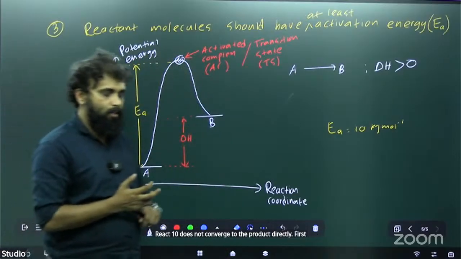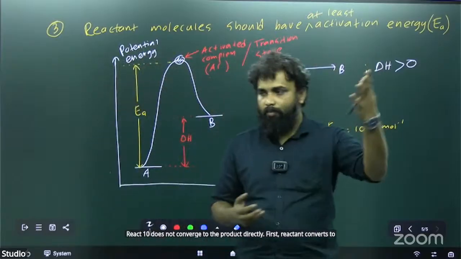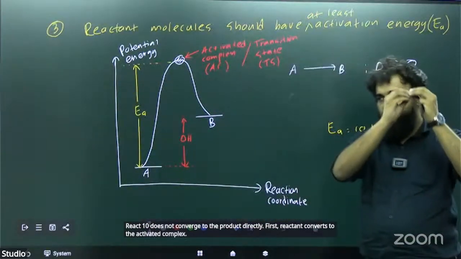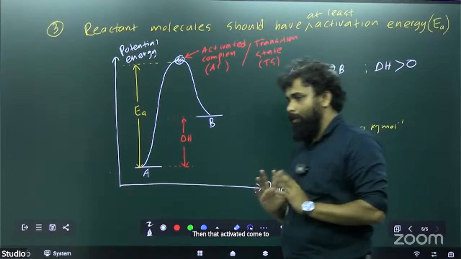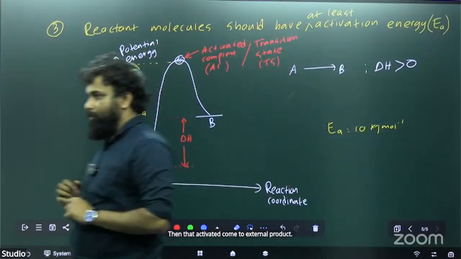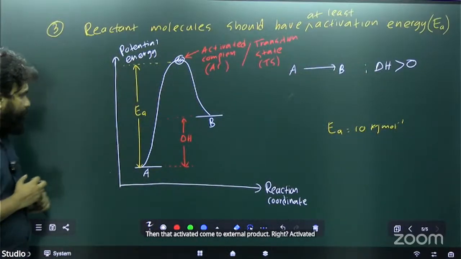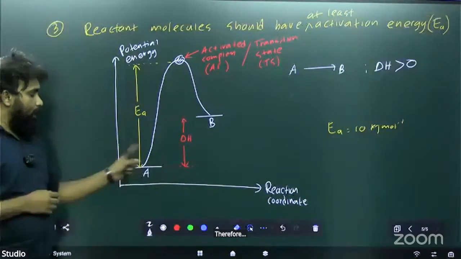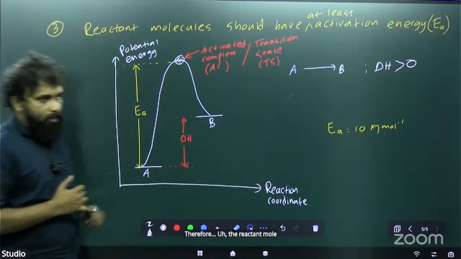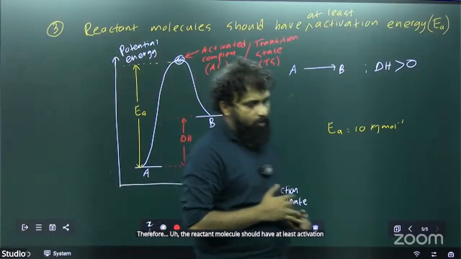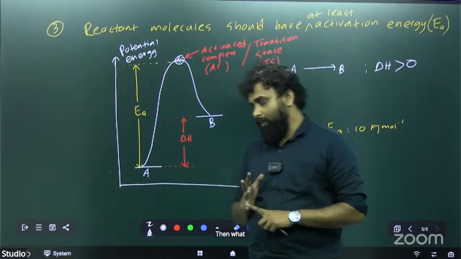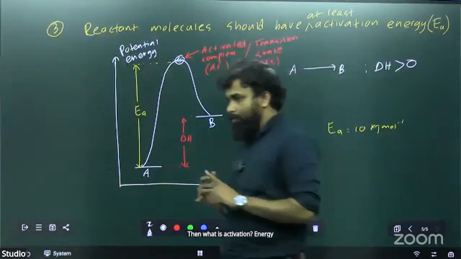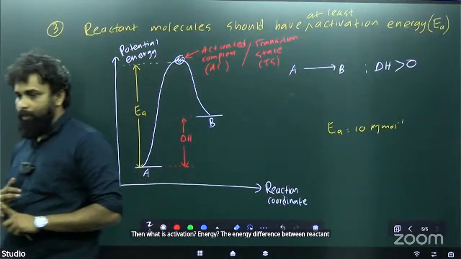First, the reactant converts to the activated complex, then that activated complex turns to the product. Therefore, the reactant molecule should have at least the activation energy. Then what is activation energy? The energy difference between the reactant and the activated complex.